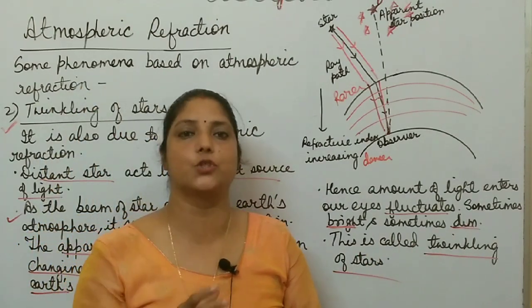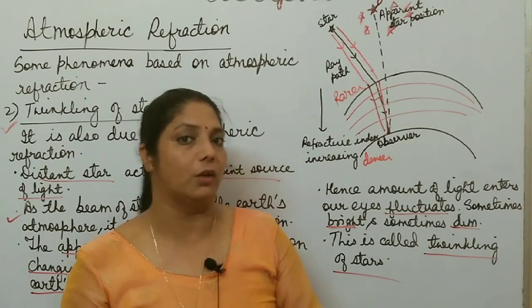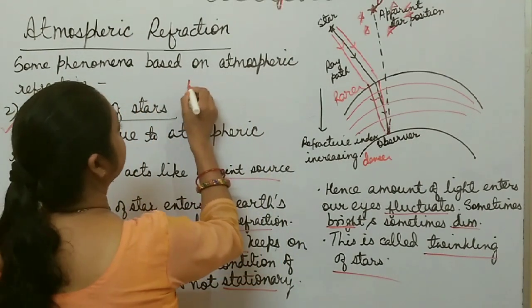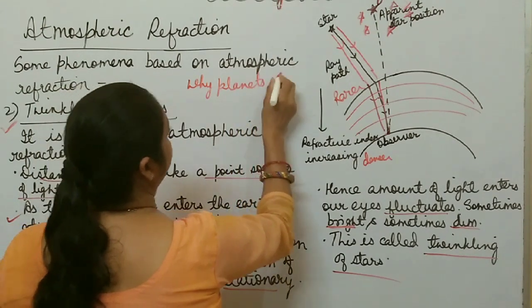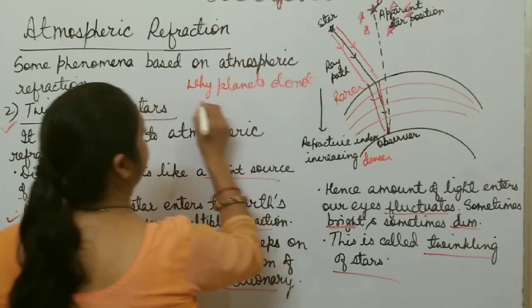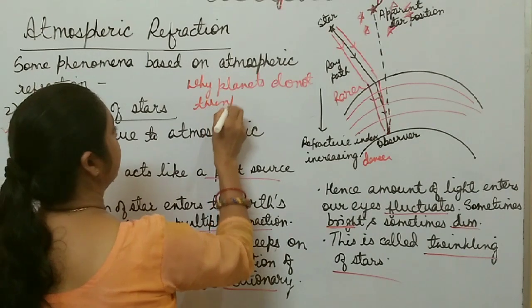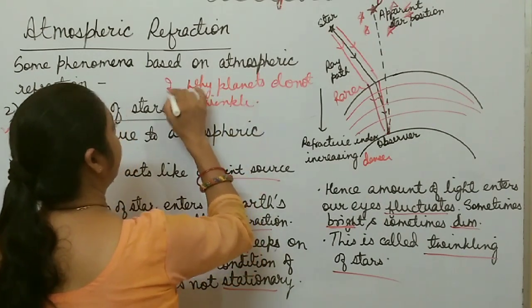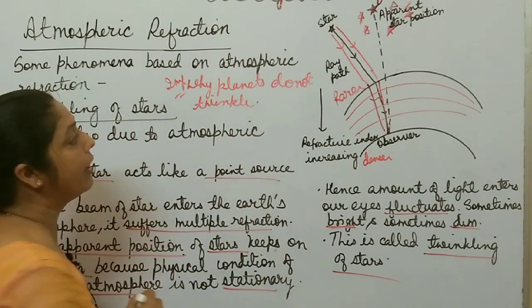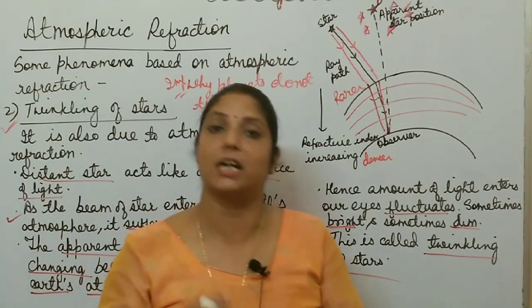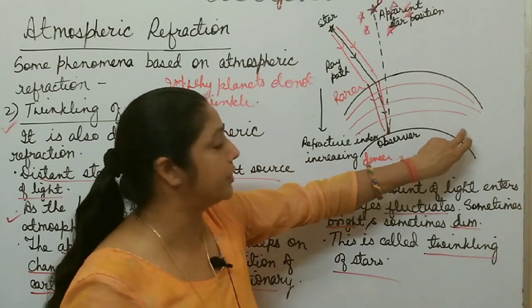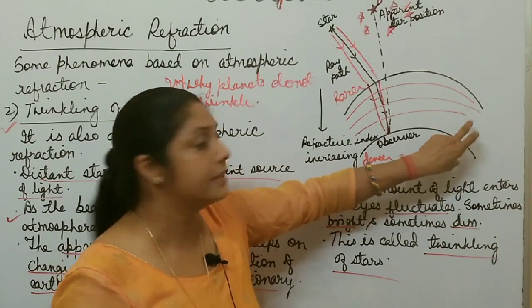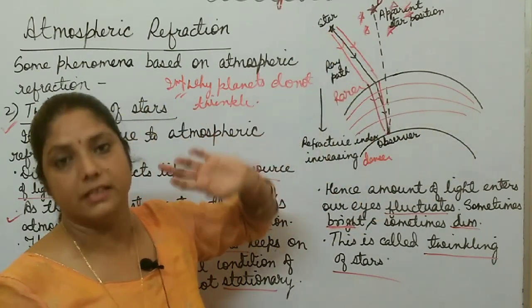But only stars twinkle. Planets do not twinkle. Why do planets not twinkle? The reason is simple, and it is also important, may be asked as a 1 or 2 marks question. Why do planets not twinkle, only stars twinkle? Actually, a planet is much closer to the Earth's surface, and it is much bigger in size than a star.